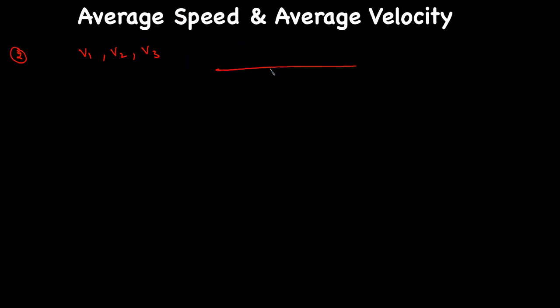For example, it travels 5 meters with speed v1, the next 5 meters but speed changes, it's v2 now, and the third one is again 5 meters but speed is v3. So the body is traveling equal distances but with different speeds.